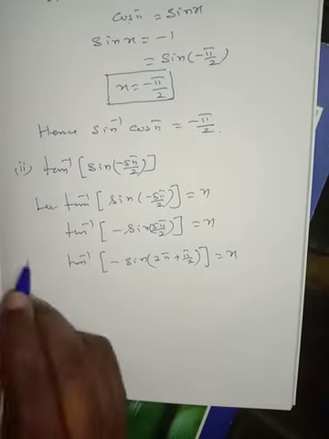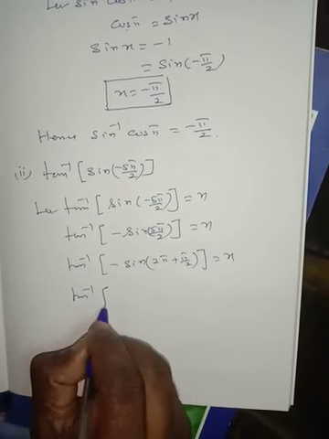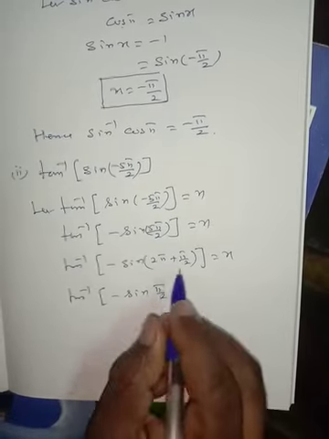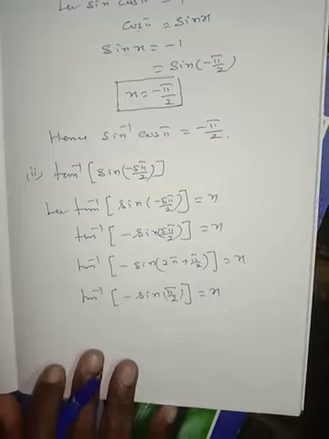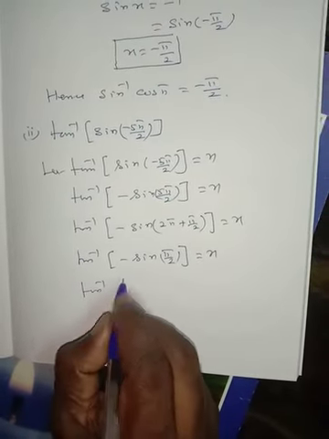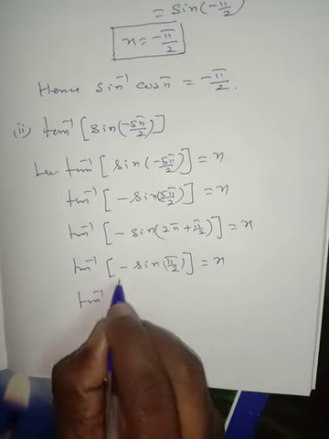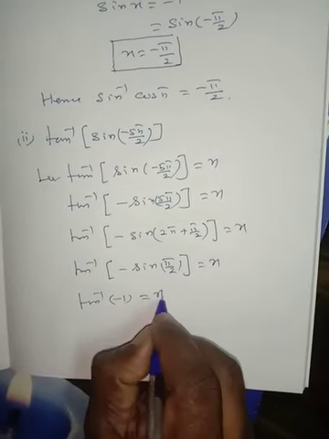We get tan inverse of minus sine pi by 2. We know that sine pi by 2 is 1. Therefore, tan inverse of 1 into minus 1, which is minus 1, is equal to x.